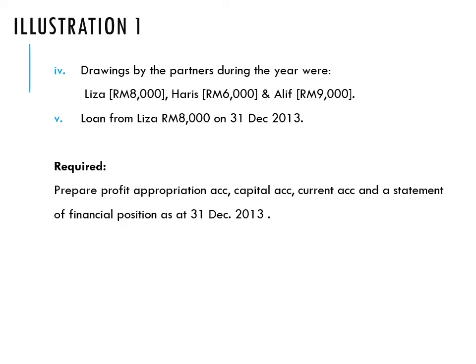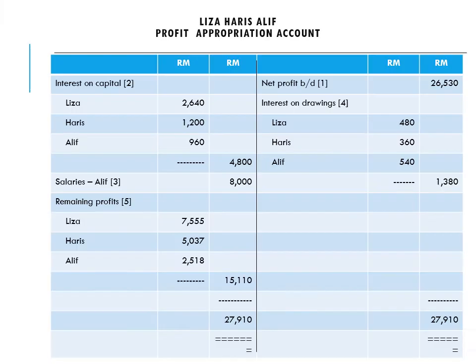So how are you going to prepare these accounts for this question? We are going to look at the solutions to the illustration next. If you look at the profit appropriation account, you will notice that it starts off with the net profit brought down, 26,530, and then on the credit side you will have the interest on drawings.